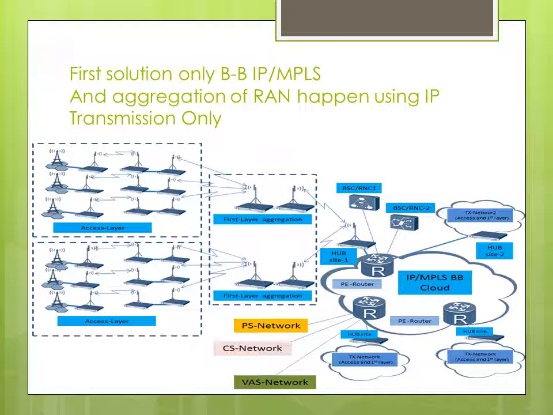As shown in the IP MPLS backbone cloud, this cloud makes communication between all core devices. That means all core devices which we talked about before, related to, for example, packet switching and circuit switching, such as the media gateway and MSC. All of that communication happens using this IP MPLS backbone cloud.